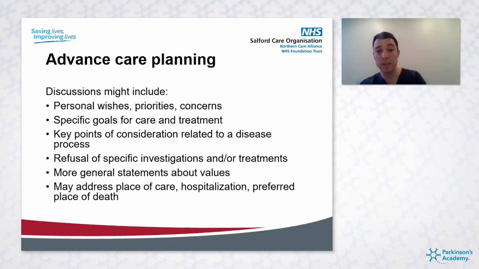There may be key points to consider related to a specific disease process. So I suppose thinking about things like motor neurone disease, where you would think about the need for consideration of tube feeding or respiratory support, ventilatory support. It might focus around refusal of specific investigations or treatments. It may be a more general statement about your values and not talk about specifics at all.